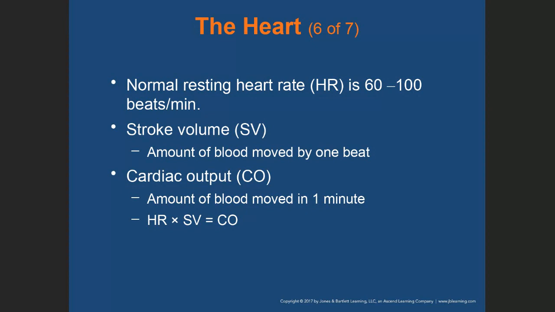Now, stroke volume is the amount of blood that is moved with each beat of the heart. Cardiac output is the amount of blood moved in 1 minute, and that's the heart rate times the stroke volume. And that basically is going to give us a blood pressure.